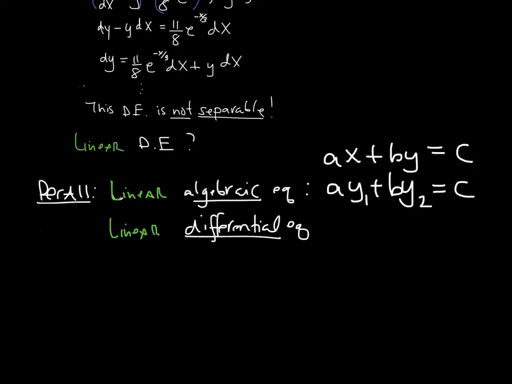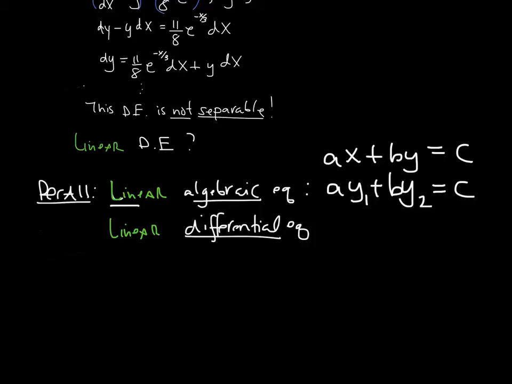Remember that x and y, or y1 and y2 in this case, would be your variables, and a, b, and c would be arbitrary constants. This is basically the equation of a line, hence the name linear. That means we have a line with a specific slope, or maybe undefined slope. So that's what a linear algebraic equation is.